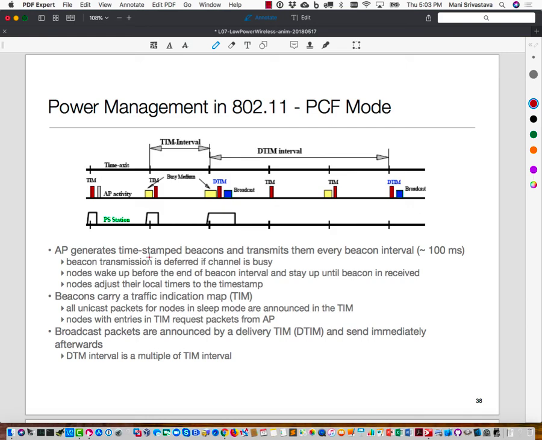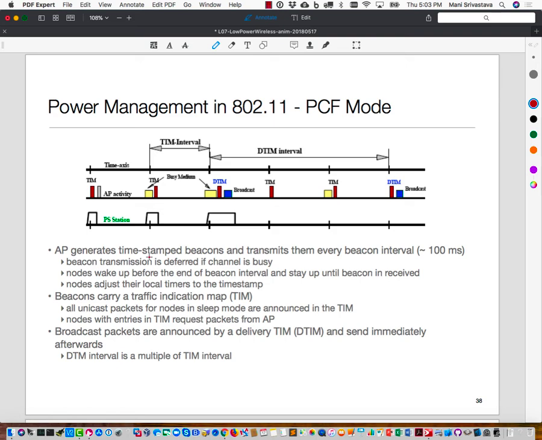And there is also a special mode for broadcast packets, because occasionally we have packets which we want to send to everyone. The way they are handled is that the traffic indication map will also say, hey, there is a broadcast packet, and they're sent out immediately. So all the nodes just stay up and listen to the broadcast packet. There's a bunch of obvious mechanisms layered on top of 802.11 to make all of this work out.